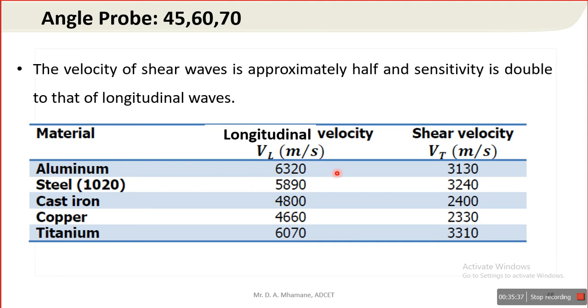If you see here, shear velocity is approximately half that of longitudinal wave. It is not exactly half, but approximately half, and sensitivity is double. So to get better sensitivity in welding joints, we use shear velocity with the help of the angle probe in weld joint inspection.